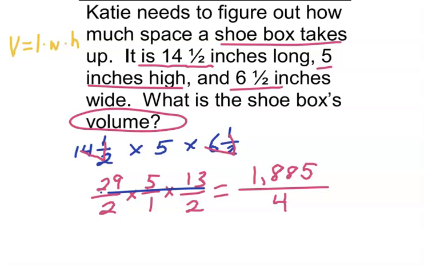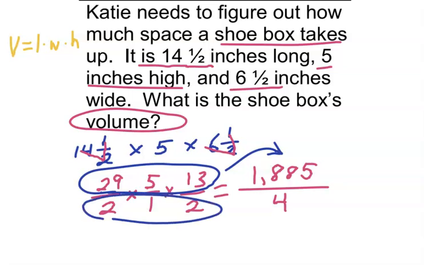Multiplying all three of these together is going to give me 1,885. And then, of course, 2 times 1 times 2 is just 4. So how many times would 4 go into 1,885? Well, it goes into it 471 times. All right, so 471 times 4 is going to give me 1,884.